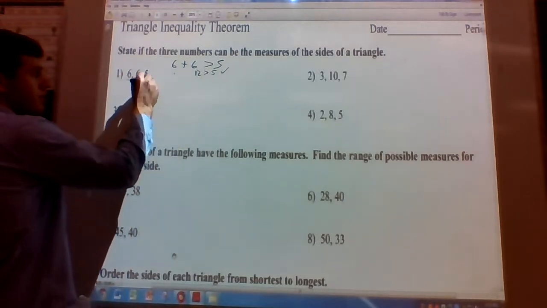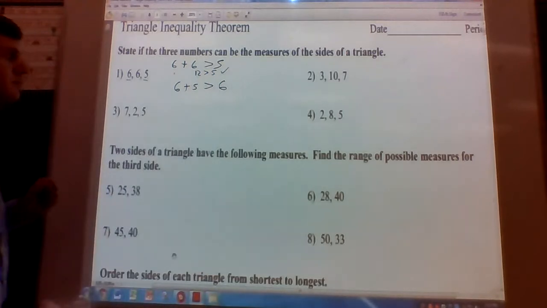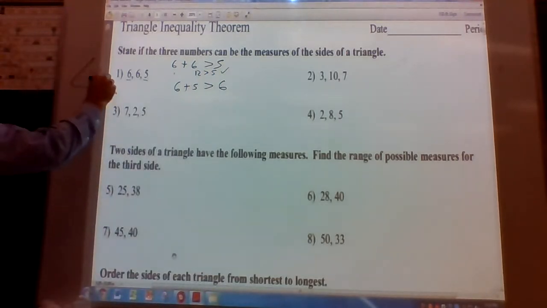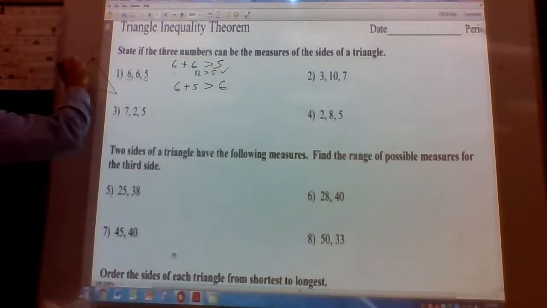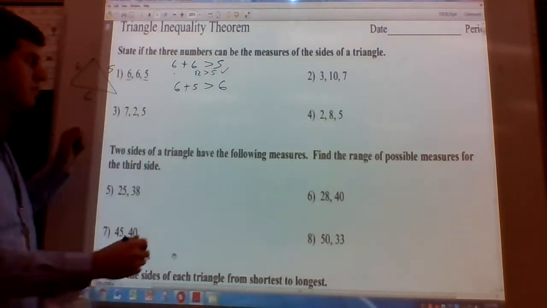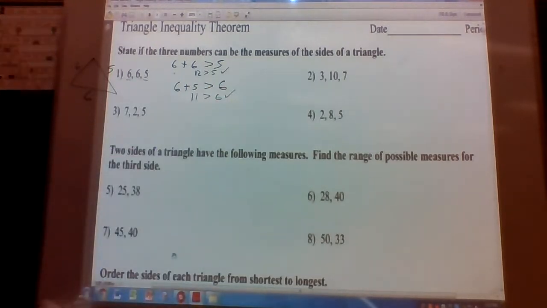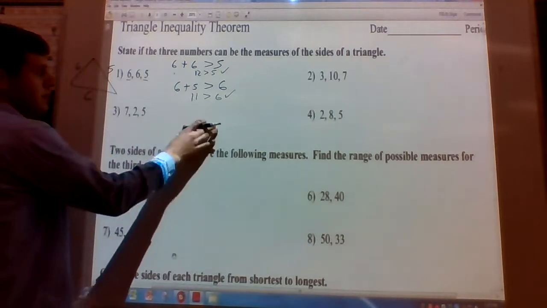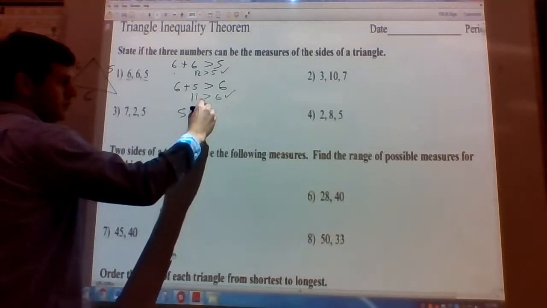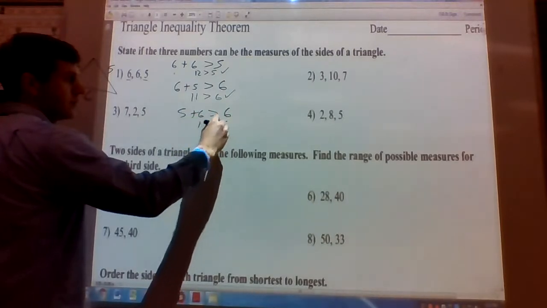So we take the next 2 sides, 6 and 5, which have to be greater than the third side, 6. If we had a triangle, we would have 6, 6, and 5. We know 11 is greater than 6, so we're good. Then we pick our next set of sides, 5 and 6, which is greater than 6. And again, 11 is greater than 6.